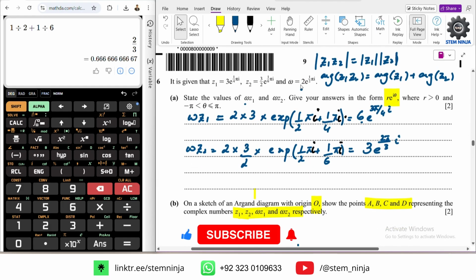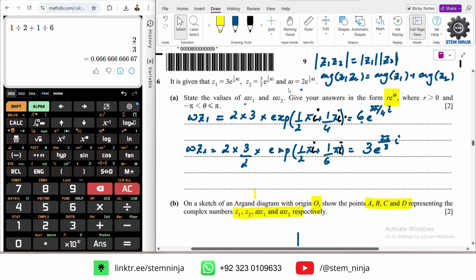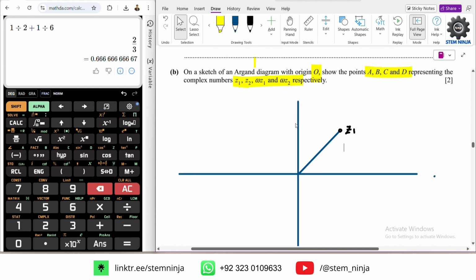Then Z2 is 3 by 2, 1 over 6 pi I. This is 3 by 2 magnitude or length, and the argument is 30 degrees. So roughly somewhat like this, but half of this, roughly. So this is, let's say, Z2.